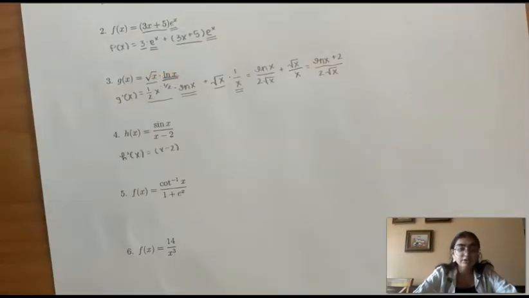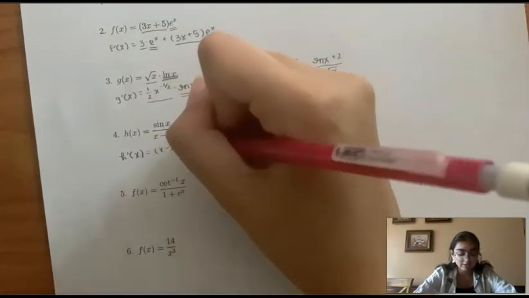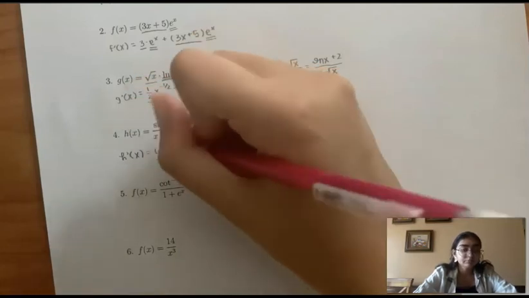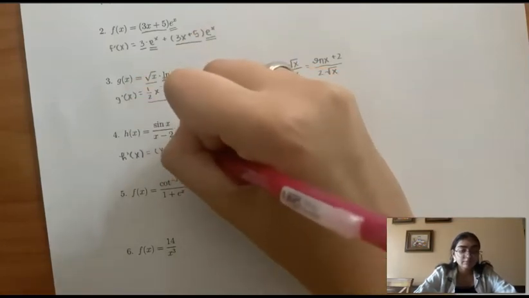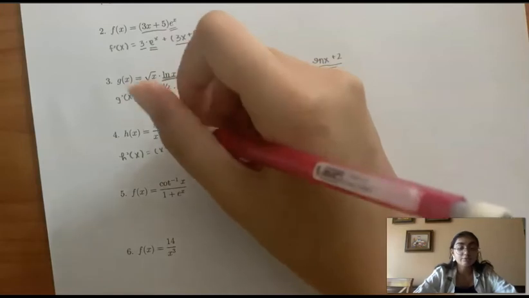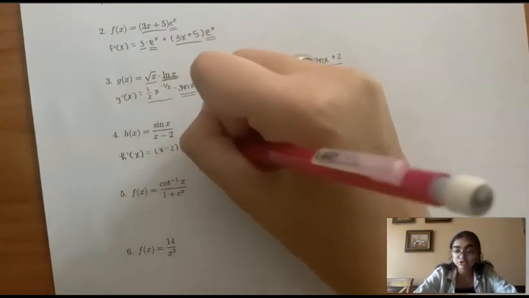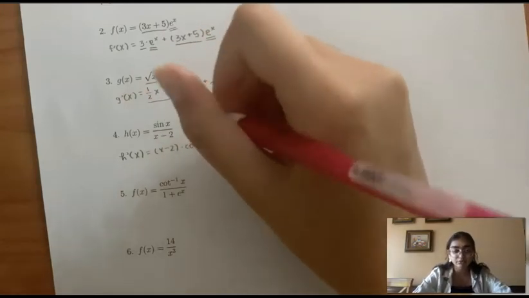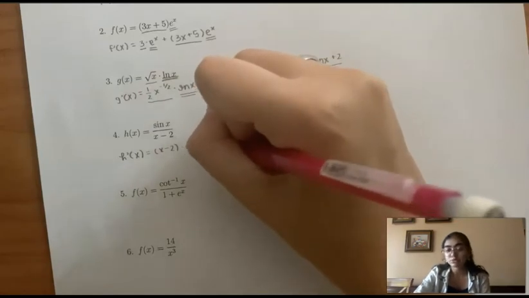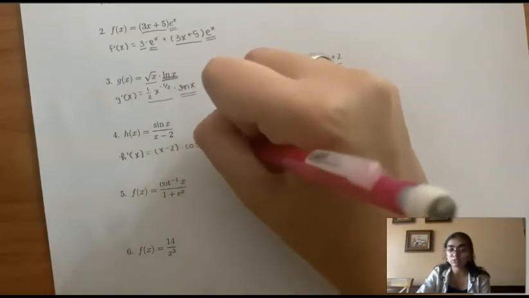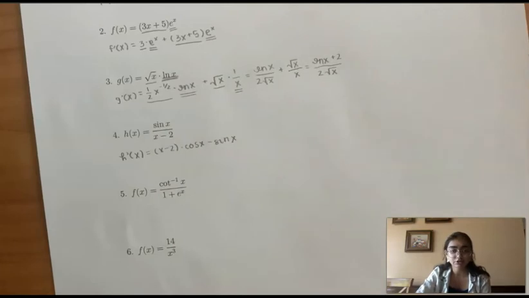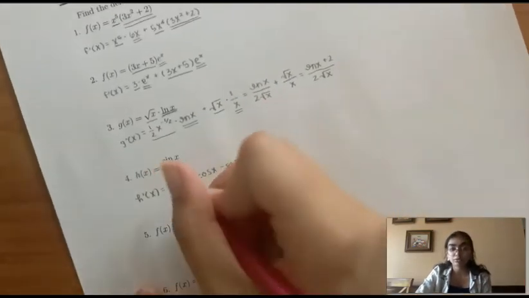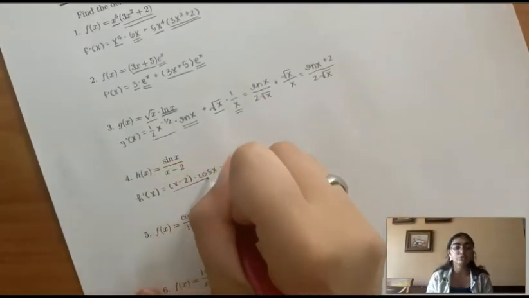So you'll get x minus 2, which is the low, and then derivative of high, which is cosine x. And then you'll have minus high, which is sine x, derivative of low. And in this case, the derivative of the low component is 1, so that's just understood, over low low, so over x minus 2 squared.